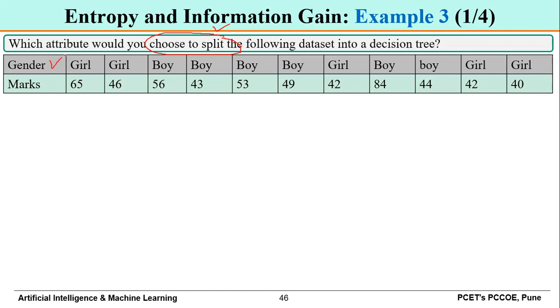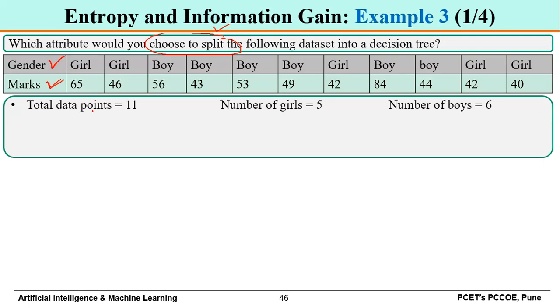Again, the data set consists of gender and the marks in a particular course. When we look at the gender row, girls are there, boys are also there. And again, marks vary from a minimum value to some maximum value. Now, when we look at the data points, we can see that a total of 11 data points are there.